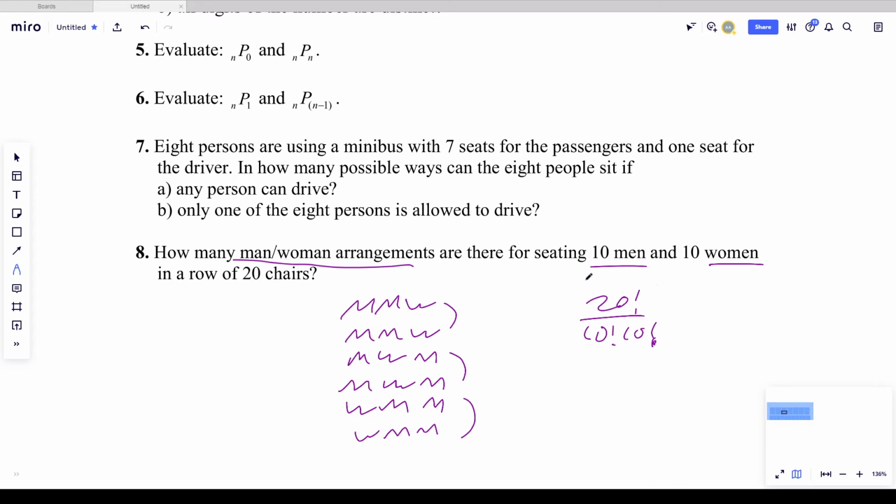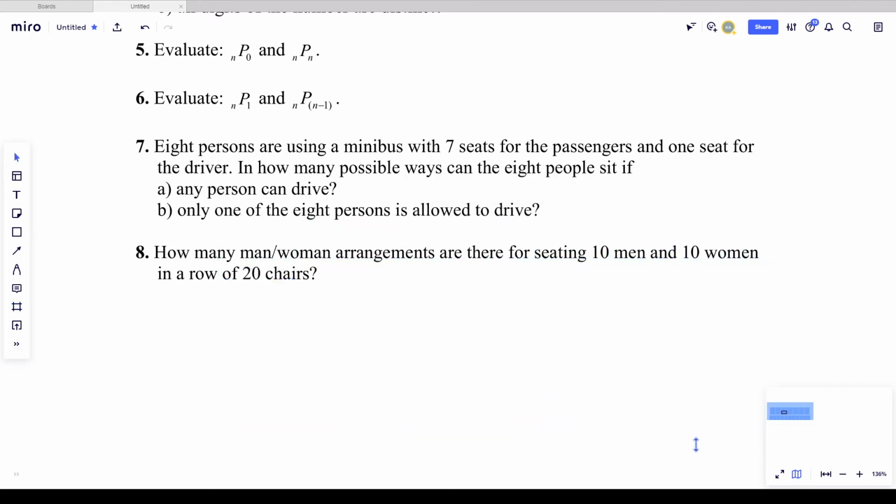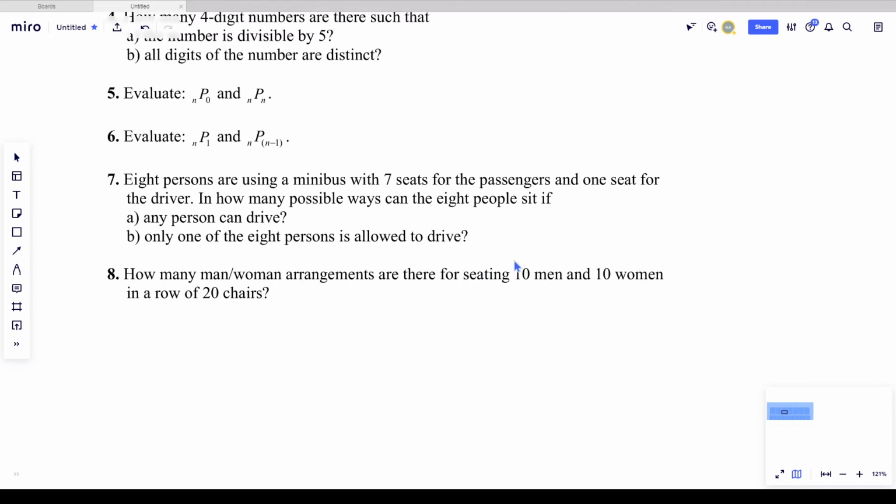When the letters repeat, you divide by the factorial of the number of occurrences for that letter. So if you want to arrange 20 things, it's 20 factorial over the factorial of the number of things in that category.